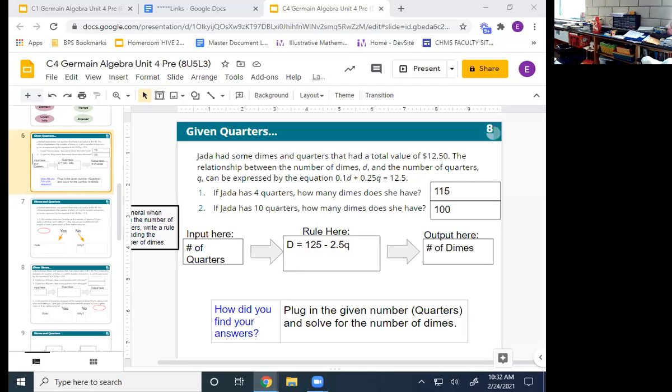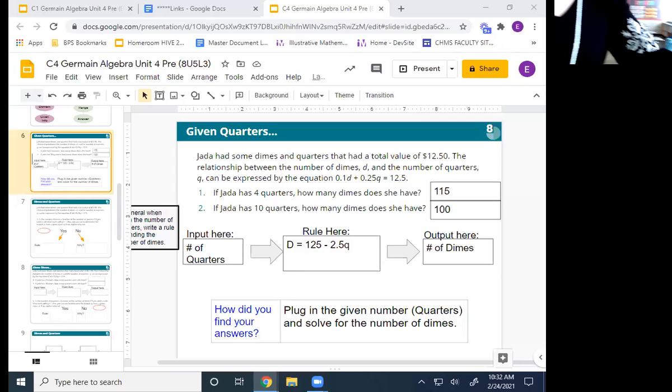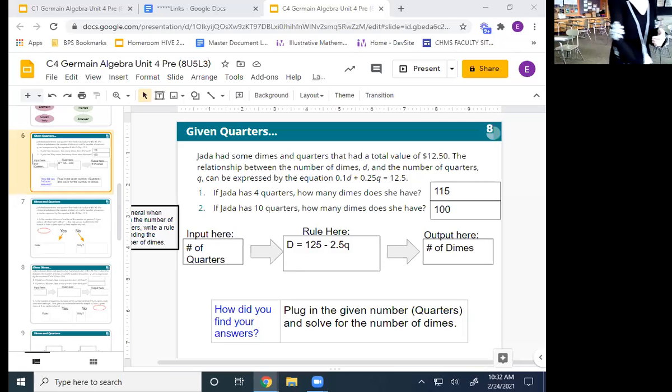So let's take a look at our activity for today, okay? We're opening up and finishing this slideshow from yesterday. We talked about writing statements about functions. When we write statements about functions, we write them as what is a function of what?